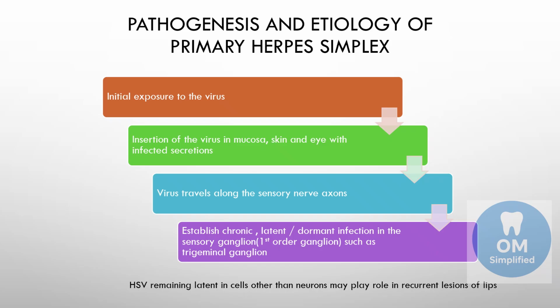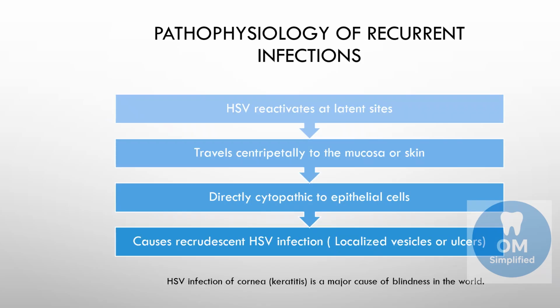The virus then travels along the sensory nerve axons, where it establishes chronic or latent or dormant infection in the sensory ganglion or first order ganglion, such as the trigeminal ganglion.